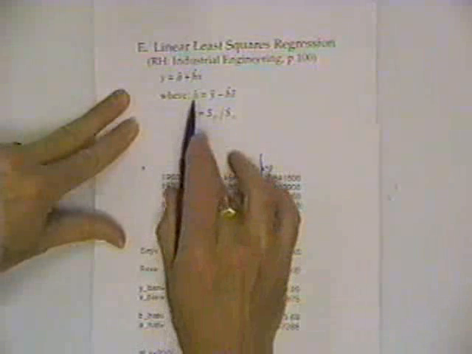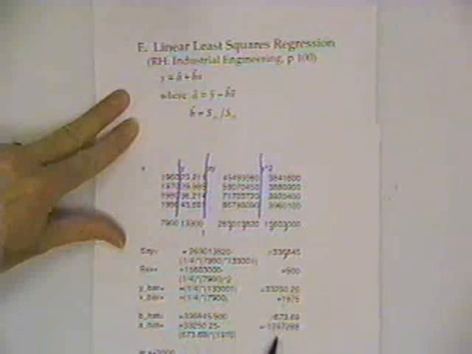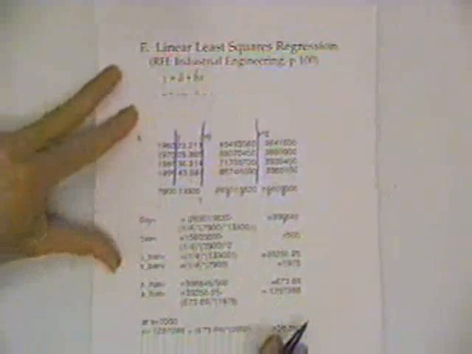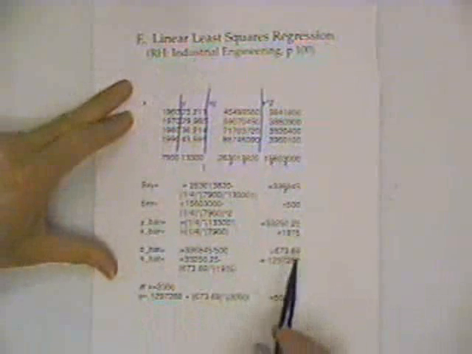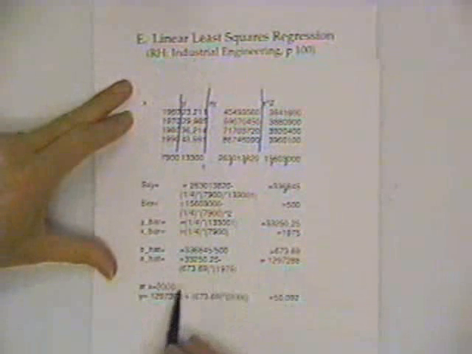Then calculate A hat as Y bar minus B hat times X bar. We calculated Y bar here, we subtract B hat times X bar, and we end up with this number. So then we have the slope and the intercept of our function.